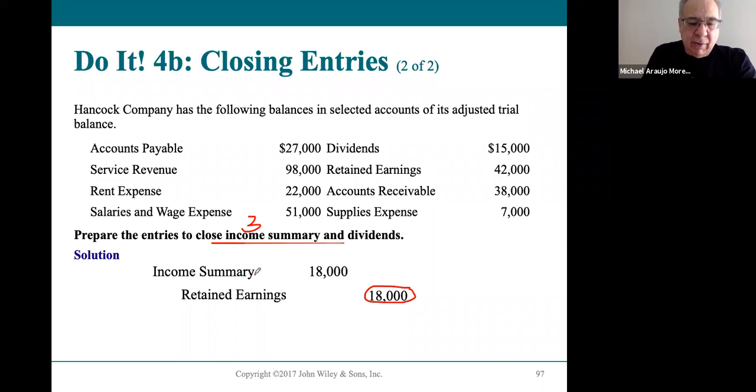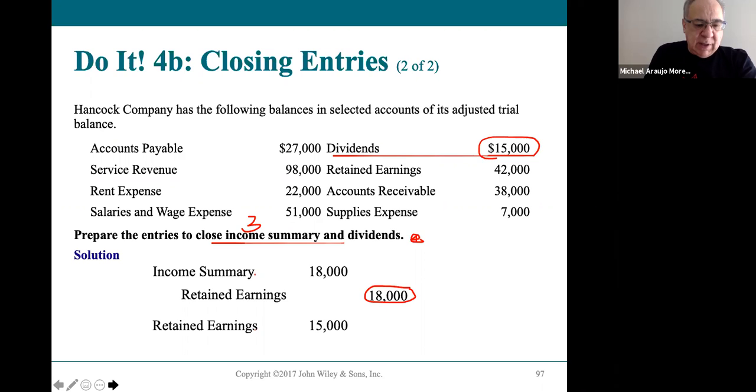That account is closed. And the very fourth thing we do, the very last thing we do, is our dividends account needs to be closed. We got $15,000 of dividends sitting there. We need to transfer that into retained earnings. And so the fourth thing we do is simply debit retained earnings by 15,000. That makes sense because dividends take away from retained earnings.